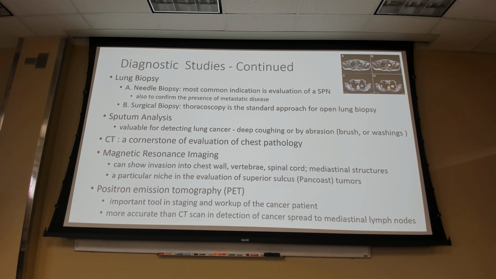So we have needle biopsy, which is the most common indication for a solitary pulmonary nodule. And you guys will see this a lot. You'll get chest x-rays quite frequently in your clinics, and you'll have incidental findings, and it'll be a pulmonary nodule, and you'll say, oh man, what do I do with that? So we'll talk about some of the criteria for it later in the slides when we're looking at nodules.